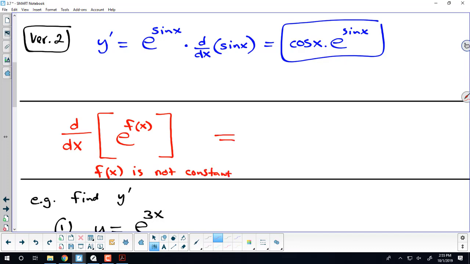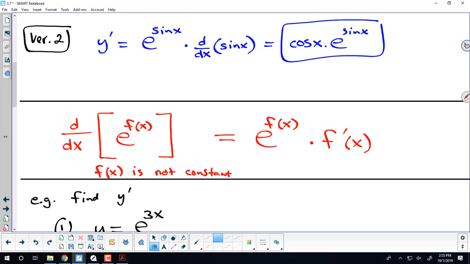The derivative of e to that power is still e to that power, but we have to multiply also by the derivative of the power. So it doesn't matter how hideous that function of x looks, the derivative of e to that power is still e to that power times the derivative of the power.